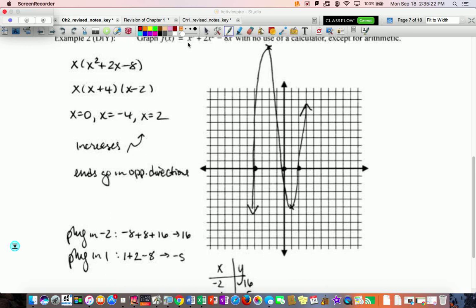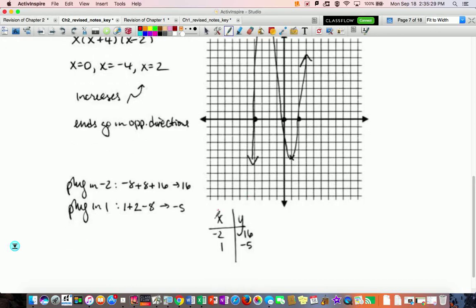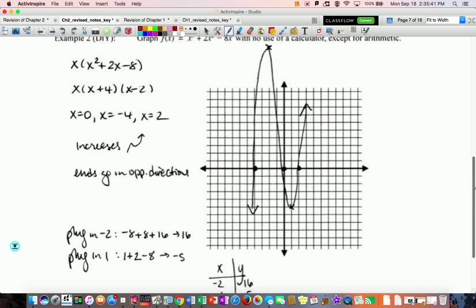The original graph is positive x squared. And then the table of values is plugging in some x's between the zeros, and you're finding some output. So you can have a little bit more accurate graph by doing that. But it's not necessary to do that, it's just more accurate.